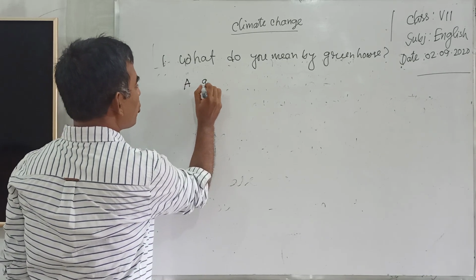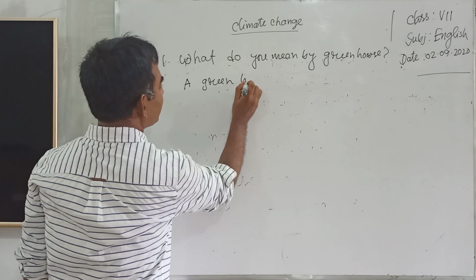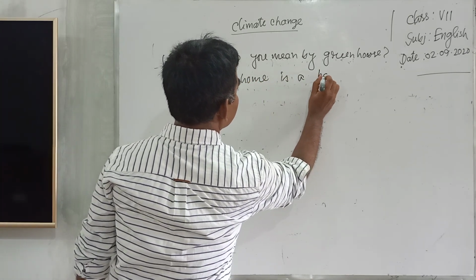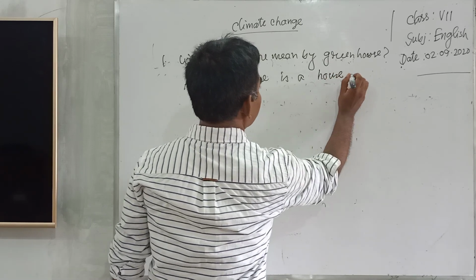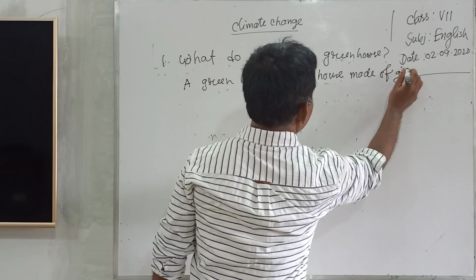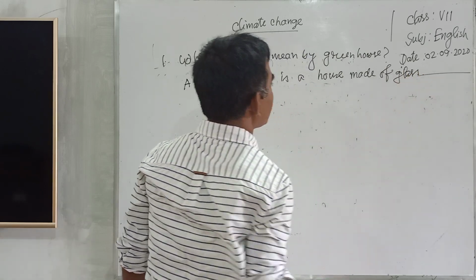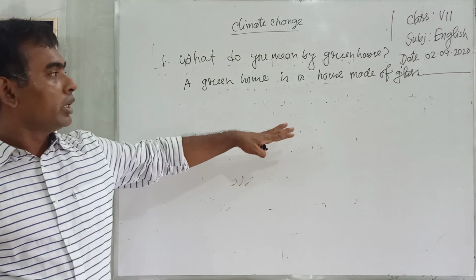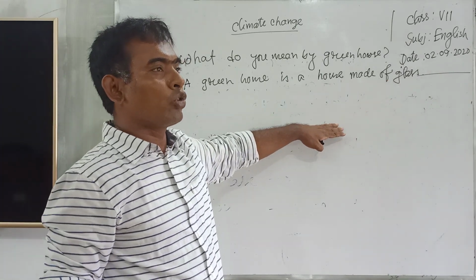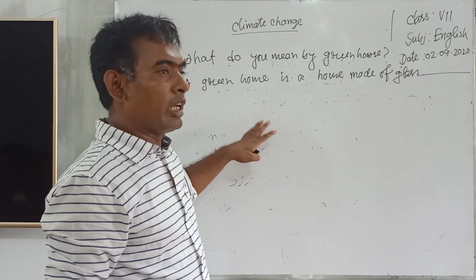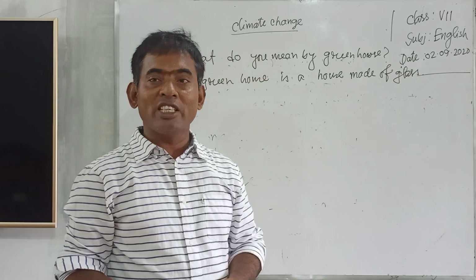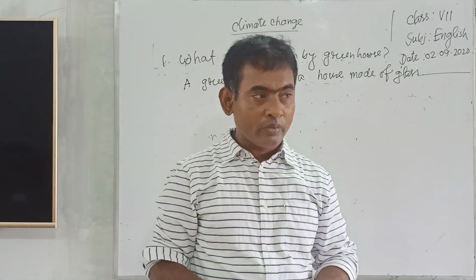A greenhouse is a house made of glass, and this glass cannot allow the heat to come out from the greenhouse. That is why global warming is increasing day by day.